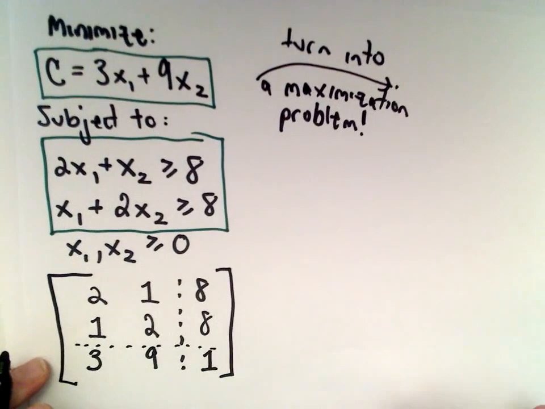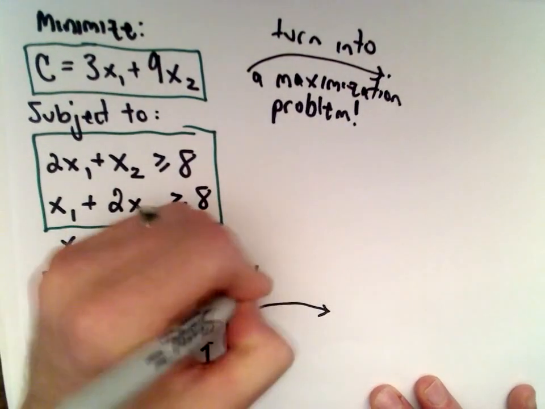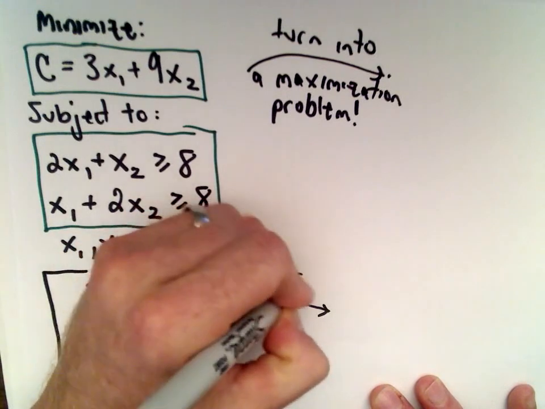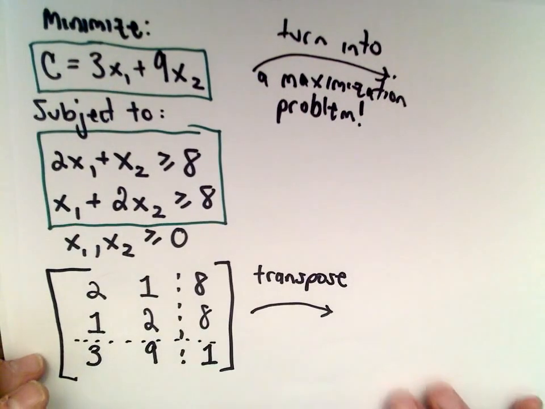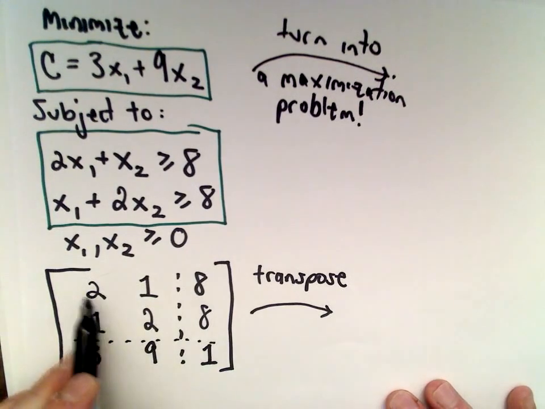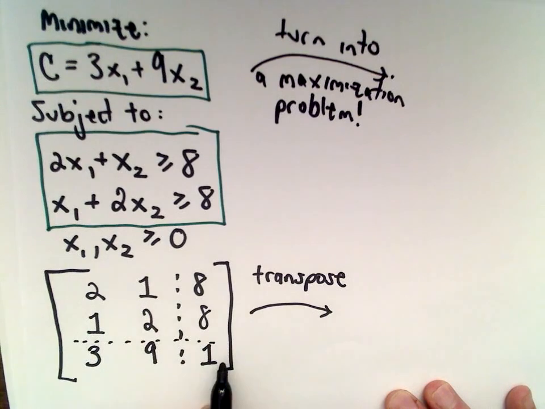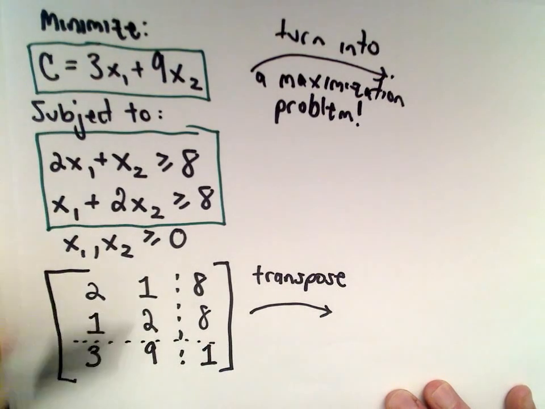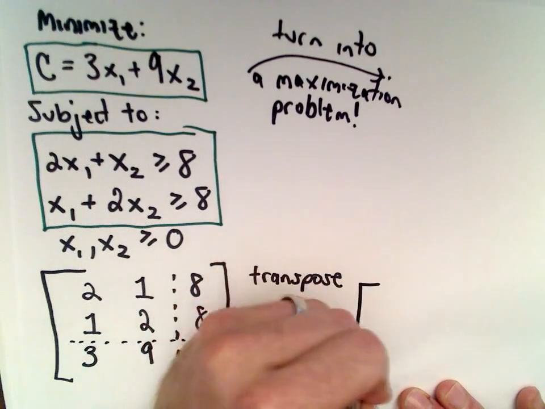So what we're going to do is take what's called the transpose. When you find the transpose, the original rows, row 1, row 2, row 3, are going to turn into columns: column 1, column 2, column 3. So let's take a look here.